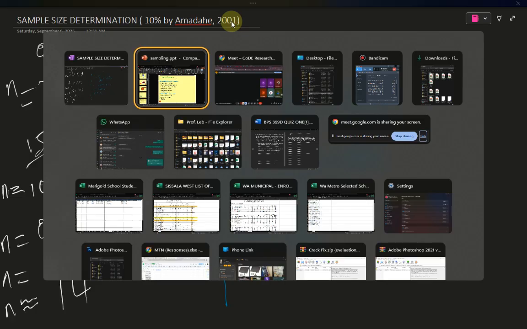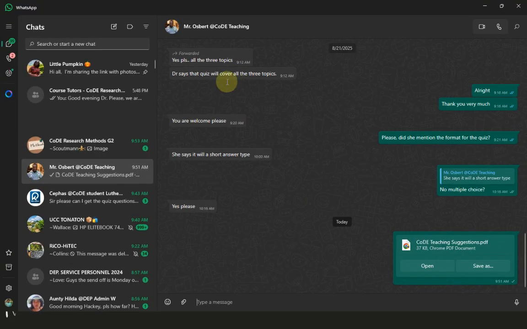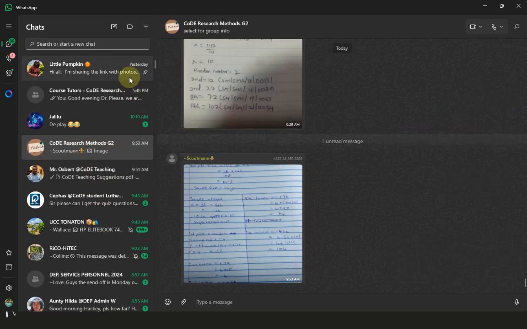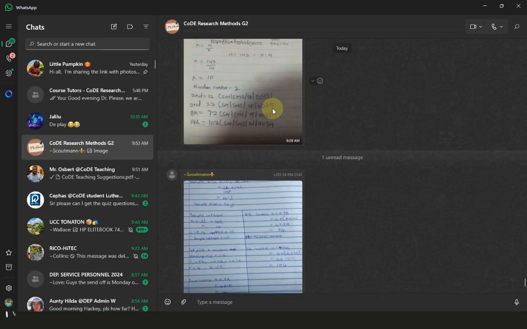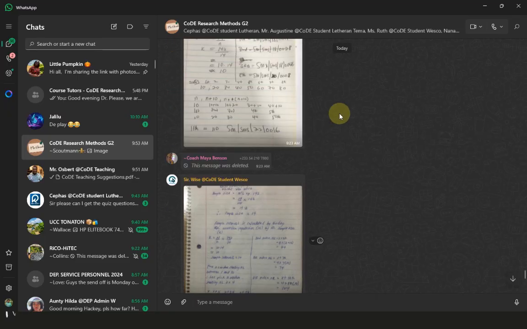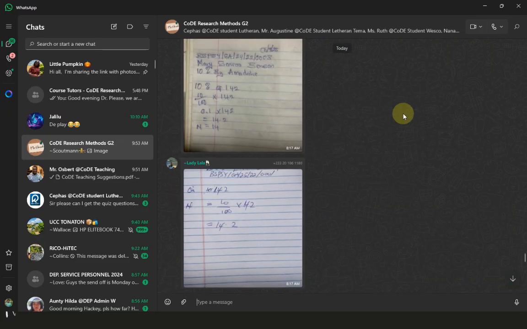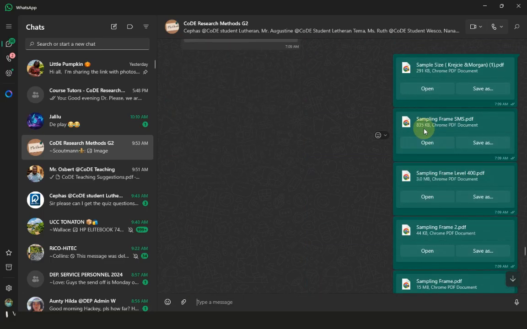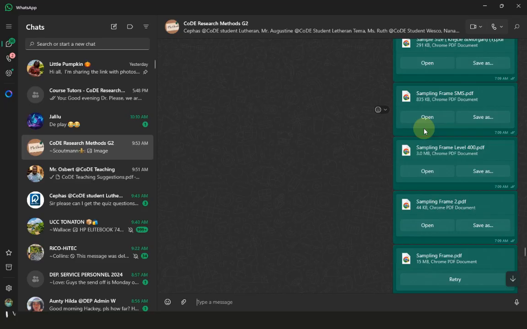Now, if you go to the page here, you would realize that I've pasted these few files here. I want you to open, for example, the sampling frame for SMS.